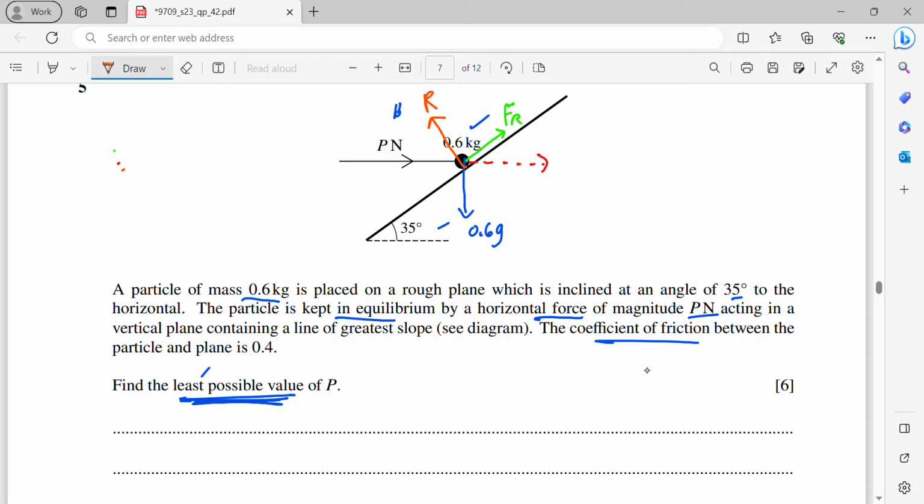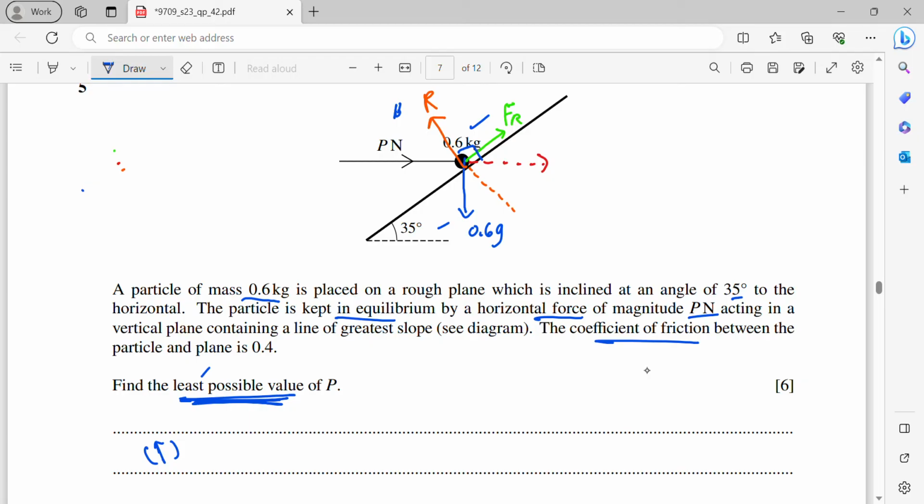Then here I have to consider this angle, this direction. So I have to resolve the forces along the plane and also perpendicular to the plane. If I start with perpendicular to the plane, that is in this direction.